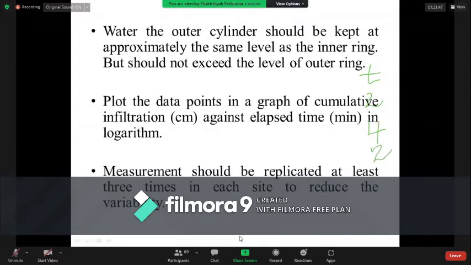By using this, you can calculate the accumulated time. Here 2, 2 plus 4 is 6, 6 plus 2 is 8. So likewise, you can do the accumulated time. Then the drop of water is the infiltration.